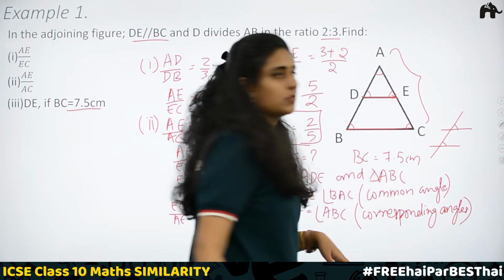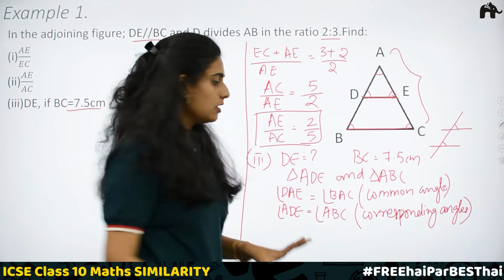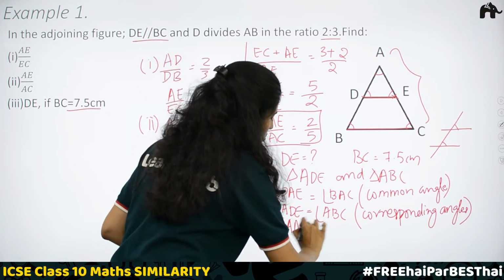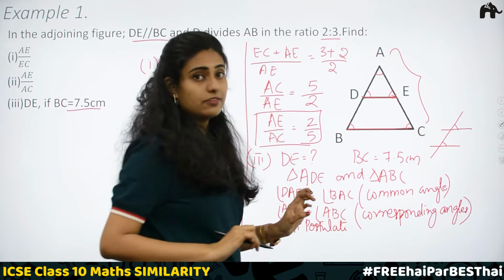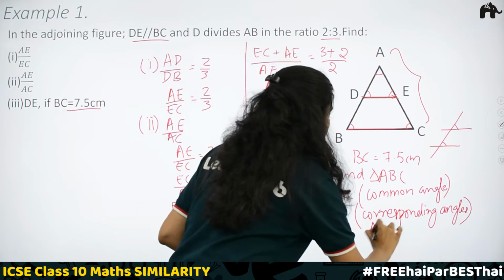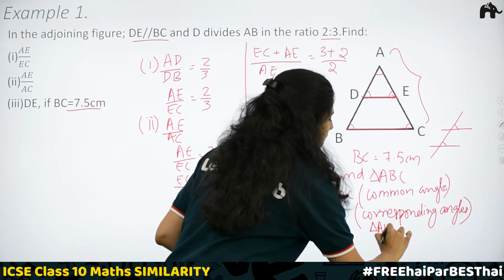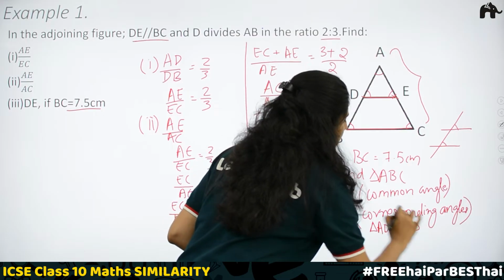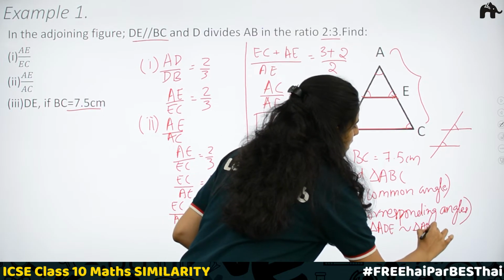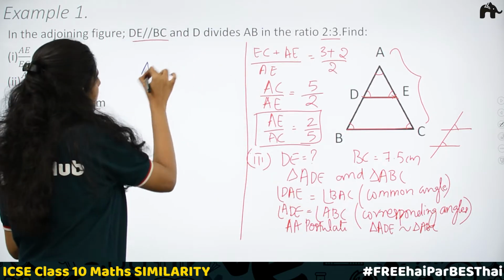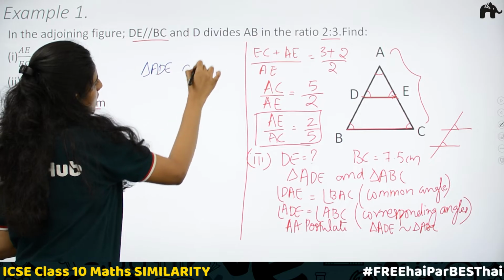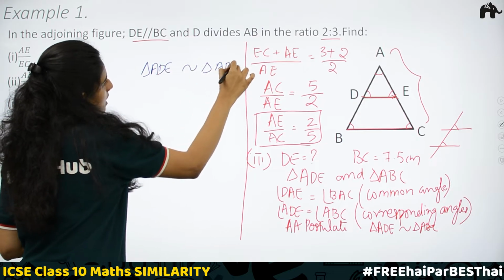Corresponding angles. Okay, we got two angles equal. So using the AA postulate, we get triangle ADE similar to triangle ABC.